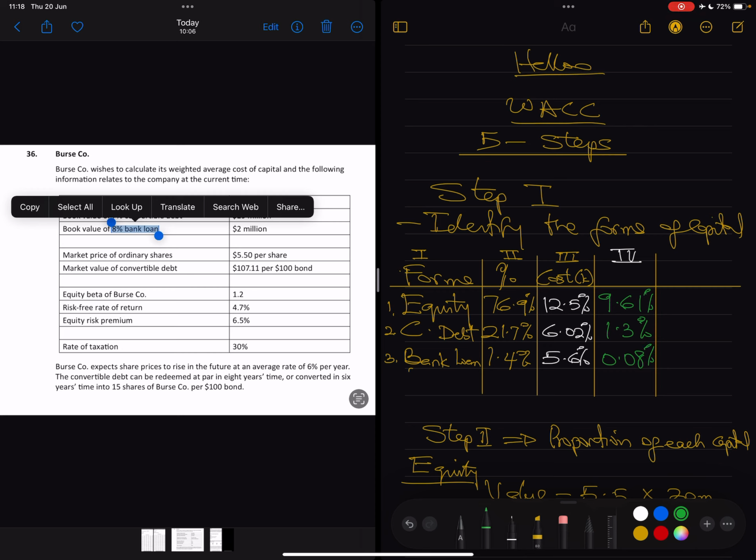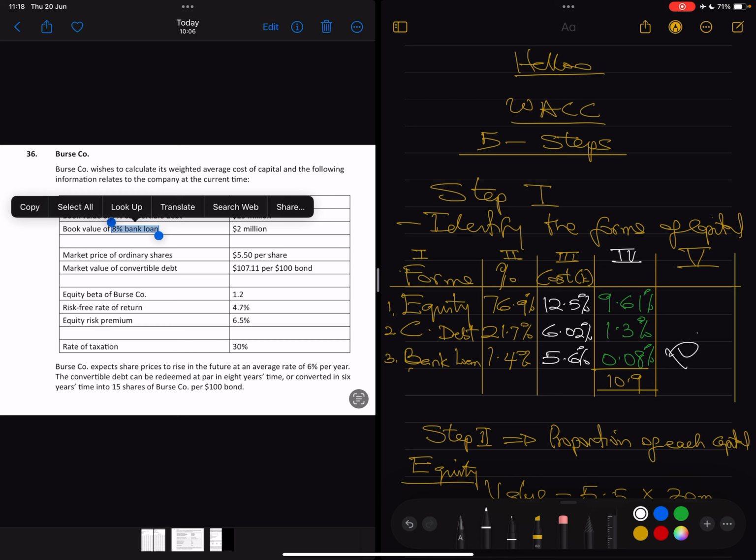And what is WACC, which is step 5? The last step. Easy. The final step is just to add all of this together, and that becomes your answer for step 5. So you add all of this together, plus 1.3 plus 9.61. That gives 10.9. And that is your final answer here.